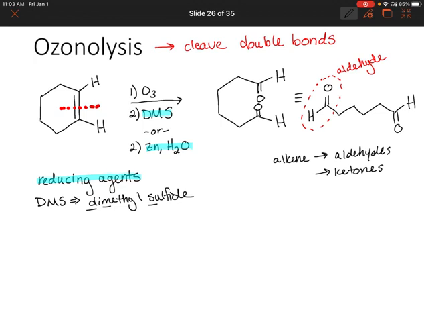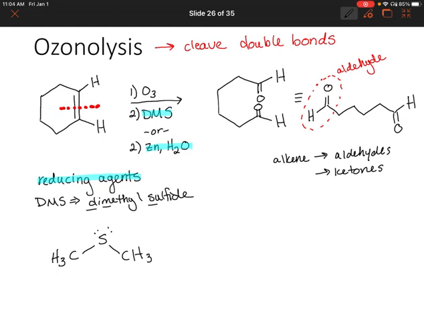Okay, so kind of going back to the reducing agents, I'm actually going to draw what dimethyl sulfide looks like here, just so you can get an idea of that. So there's a sulfur in the middle and two methyl groups are on either side. And at the end of this reaction, the third oxygen in ozone, you'll notice, is not in our product.